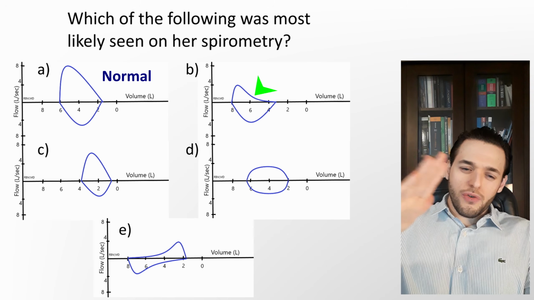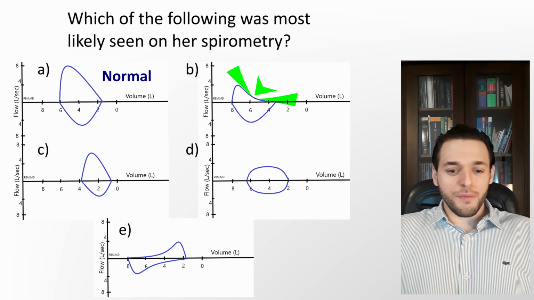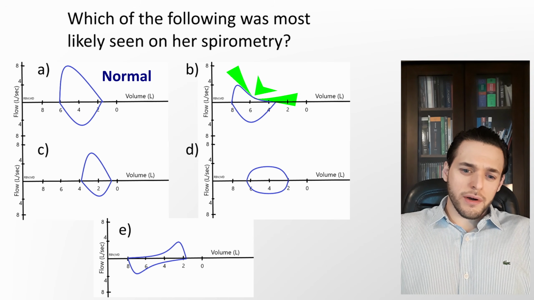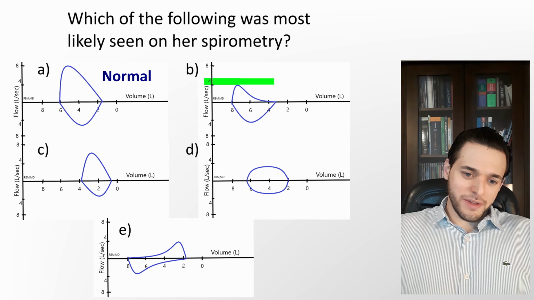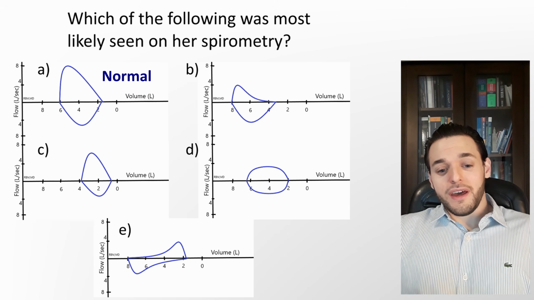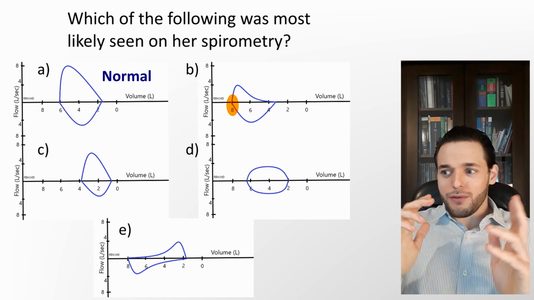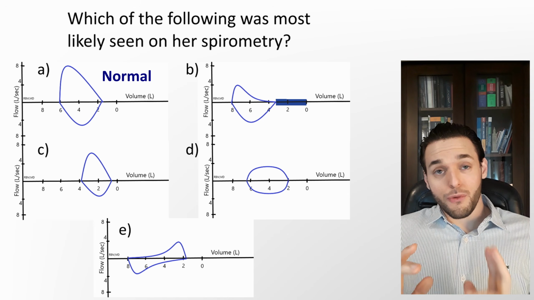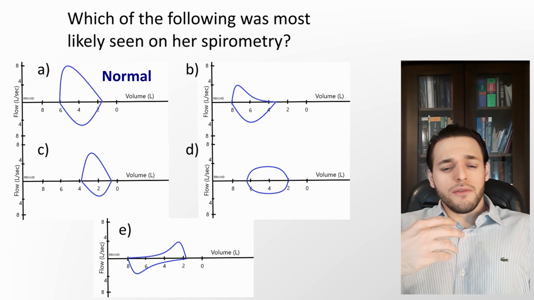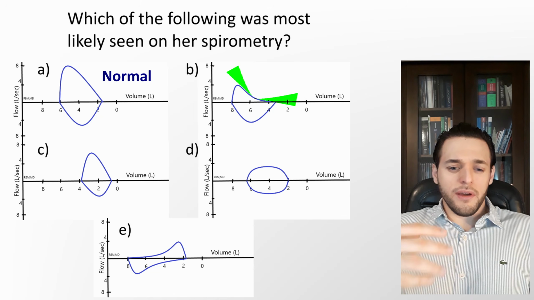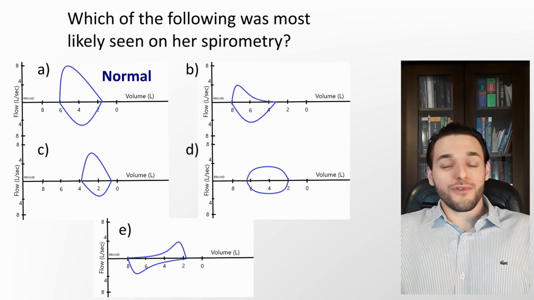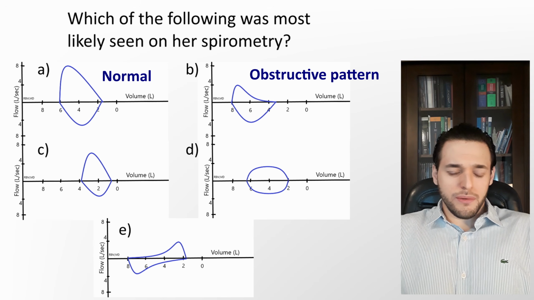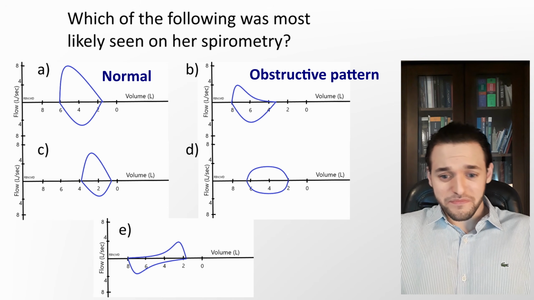It's compressed. The flow on expiration is slower than it should be. You can see that the flow is lower. You're not even reaching 4 liters per second on expiration. So you have an enlarged lung with greater residual volume, and with difficulty in expiring, with a reduced outward flow. So this is an obstructive pattern, which is what we would see, for example, in COPD.